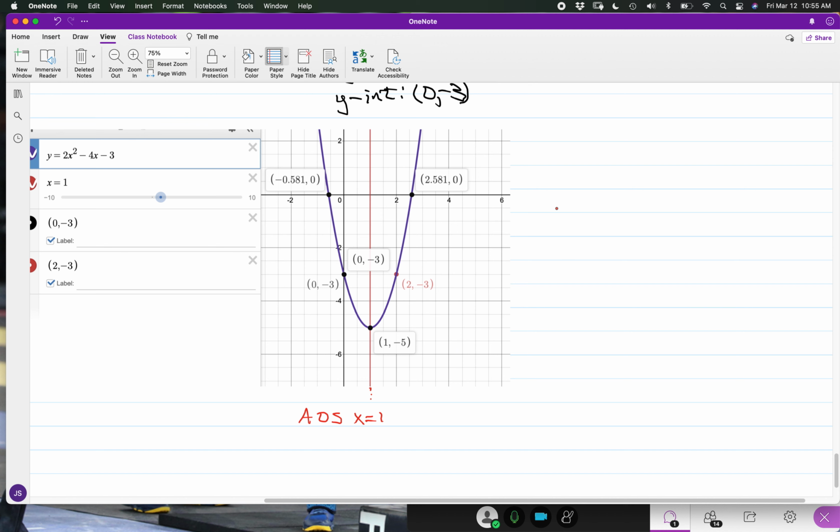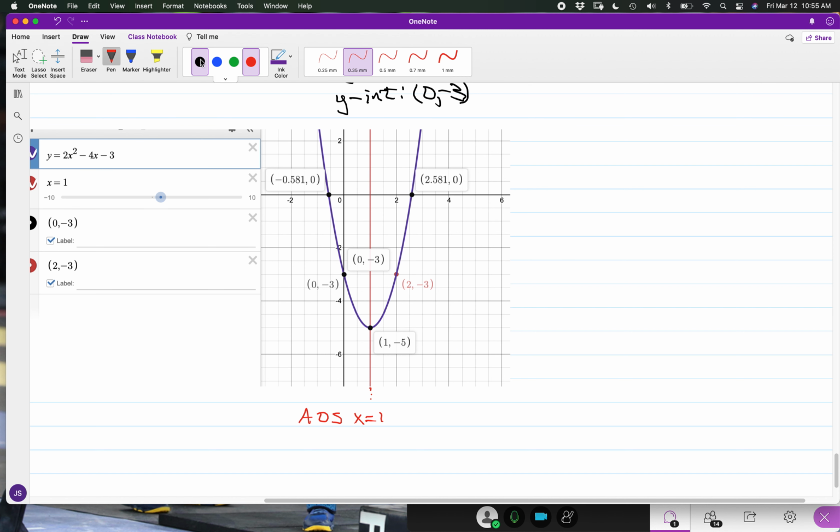In the case of part G, you had the vertex at 1, negative 5. Part G is asking for determining the minimum or the maximum.